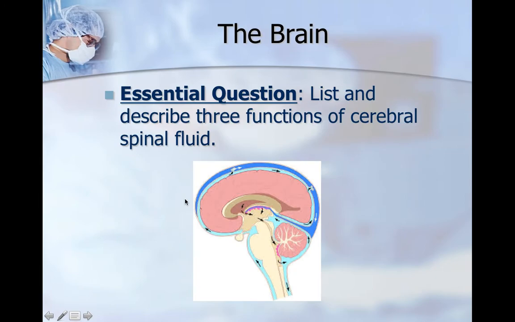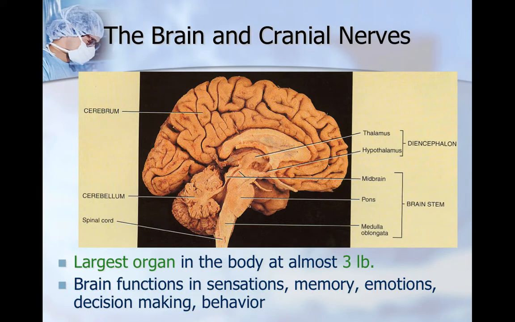Okay, your brain is the largest organ in the body. It has a mass of almost 3 pounds, and it functions in sensations, memory, emotions, decision making, and behavior.